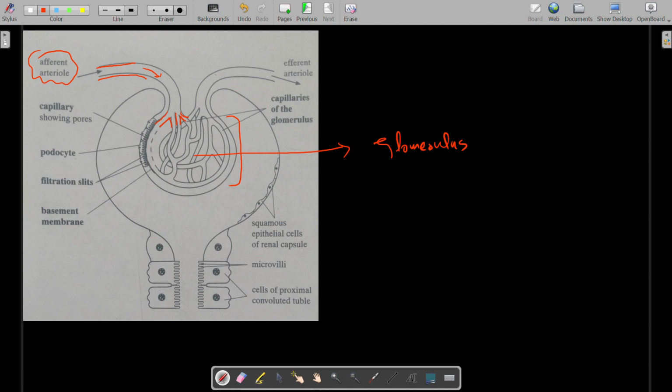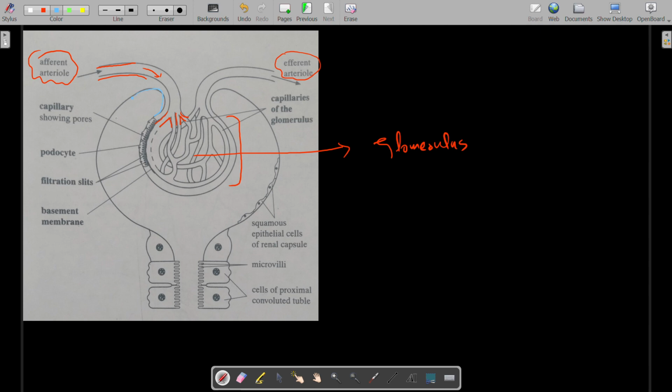There is another arteriole that actually leaves this mesh of capillaries. We refer to that as efferent arteriole. Now see, this part which actually surrounds your capillaries, let me draw it with a different color.